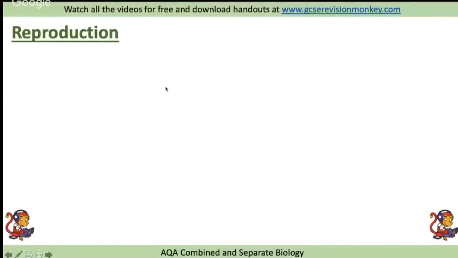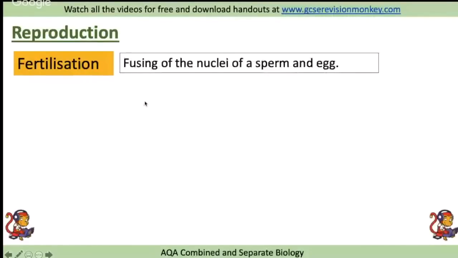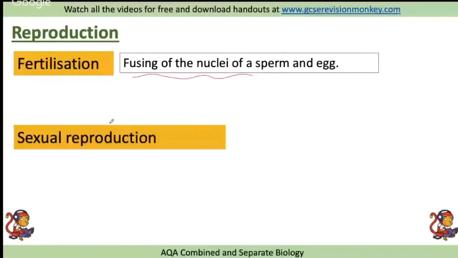Reproduction. We'll start off with fertilization first of all. Fertilization is the fusing of the nuclei of the sperm and egg. Sexual reproduction is what involves fertilization.